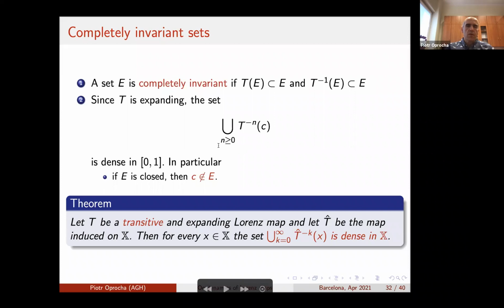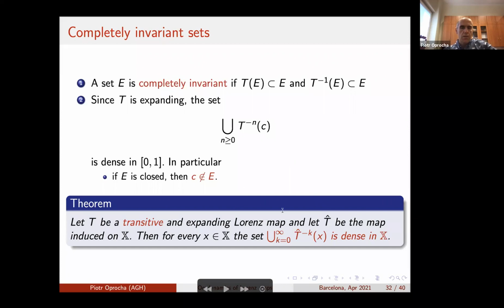One comment I mentioned at the start: if I have a critical point, then because of the expanding condition, these pre-images will be dense. So if I'm able to find a closed, completely invariant set which is not the whole space, a proper subset, then it cannot contain the critical point, because otherwise it will be everything.